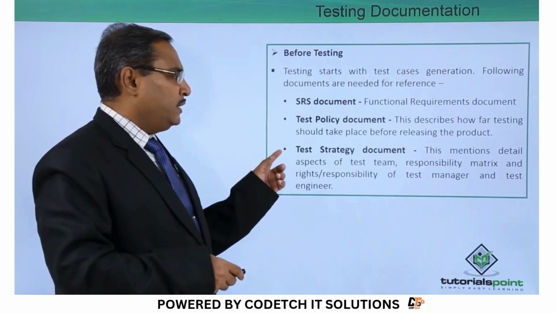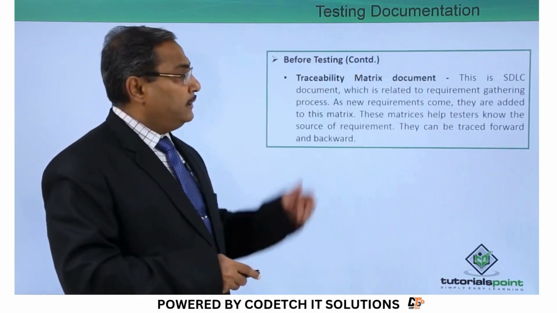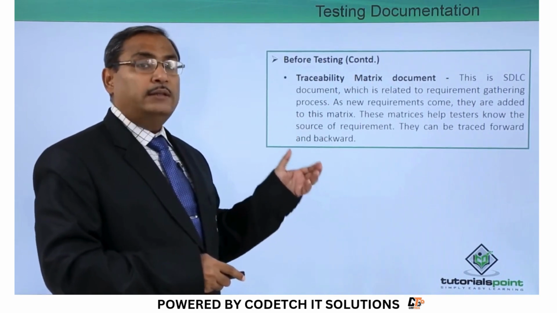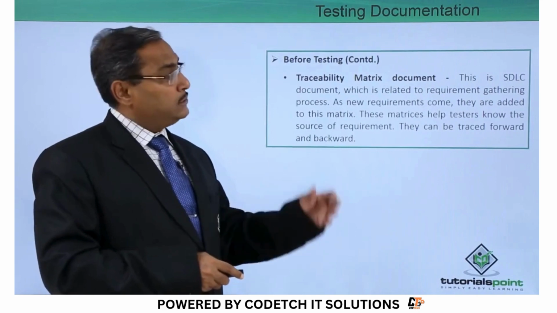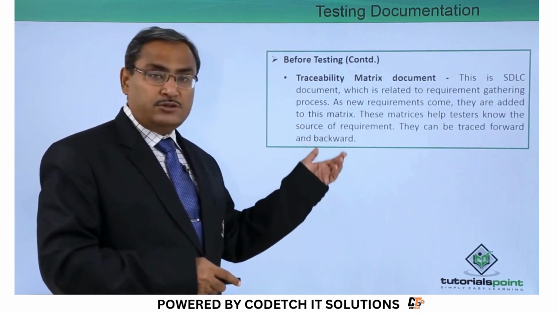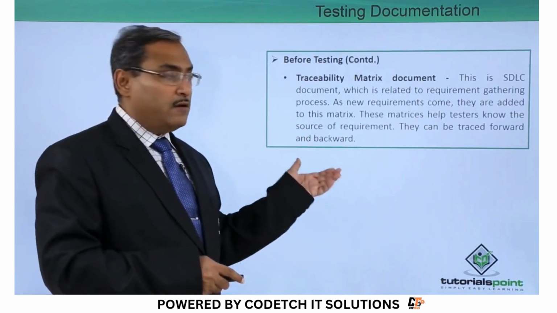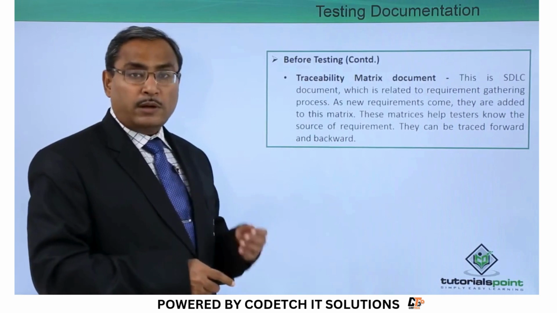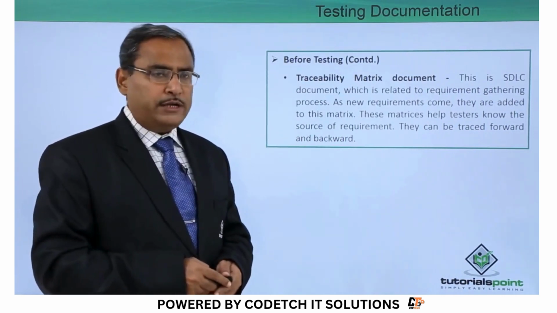And the last one is the traceability matrix document, an SDLC document where all the requirements are mapped, and new requirements also get an entry, so that the tester can access it for forward and backward tracing. This is the part of our before testing documentation.